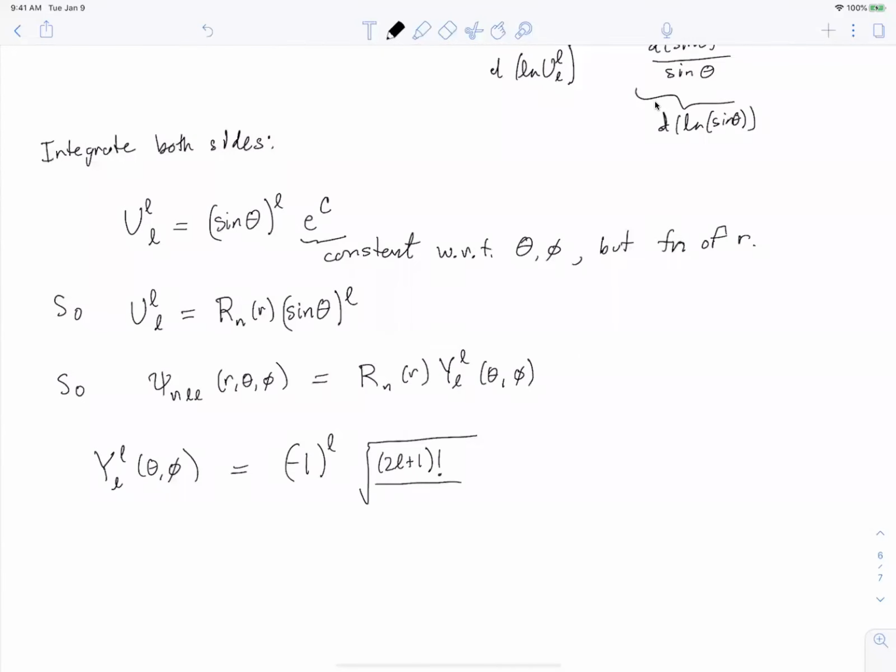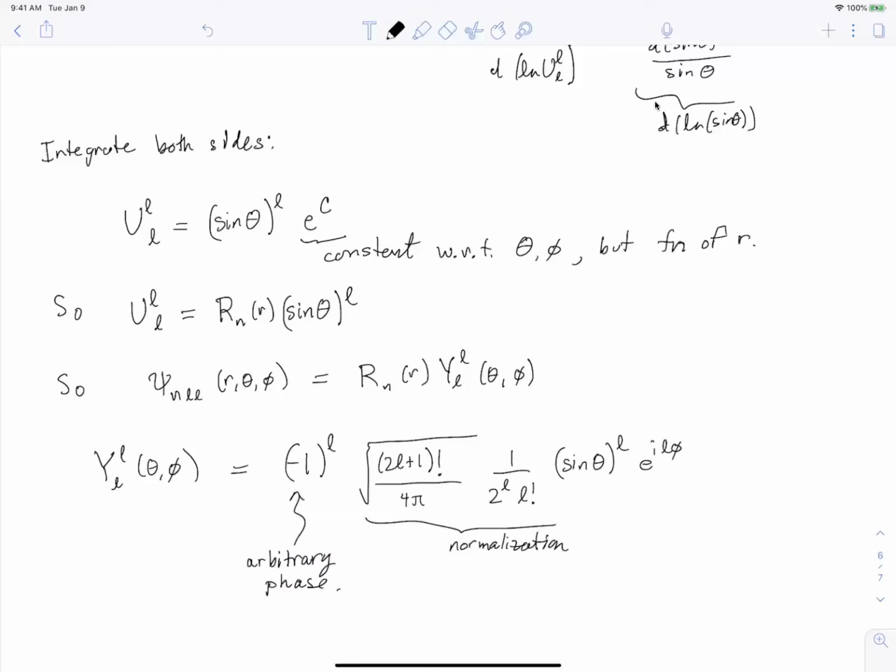It's basically by requiring this to be a unit norm thing. It's kind of a complicated normalization factor. But then the rest of it, the part that actually depends on theta and phi, is relatively simple. It's sine theta to the L, e to the i L phi. So this is a normalization, we'll do that next time, and this is an arbitrary phase that depends on what book you're reading. But I've chosen one particular very common phase convention known as the Condon-Shortley phase convention.